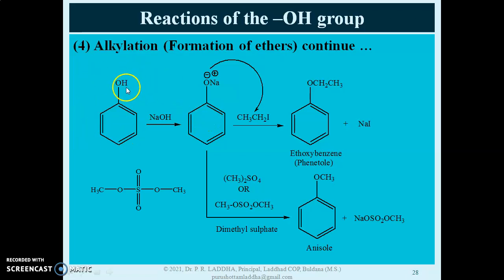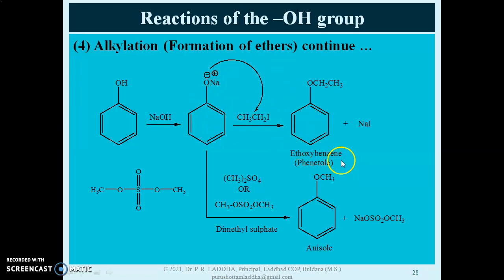Phenol, when treated with sodium hydroxide, first gives sodium phenoxide. Then that sodium phenoxide is treated with an alkyl halide like ethyl iodide. The negatively charged oxygen of the phenoxide ion will attack this positively charged carbon, the CH2 attached to iodine, and it will form C6H5OCH2CH3.